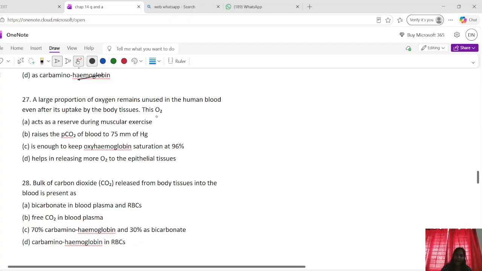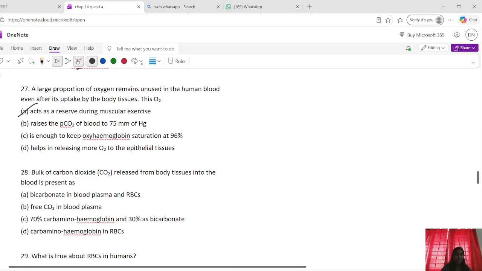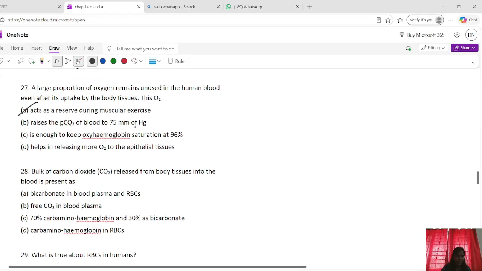So, this will act as the reserve during the muscle exercise. Is the partial pressure of oxygen in blood raised to 70 mmHg enough to keep oxyhemoglobin saturation at 95? No. Helps in releasing more O2 to the tissues? No.